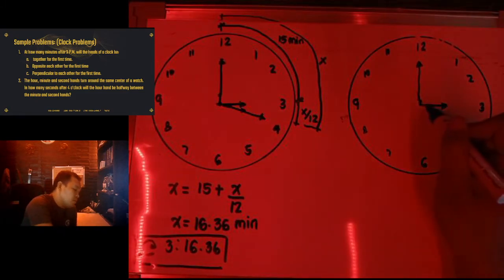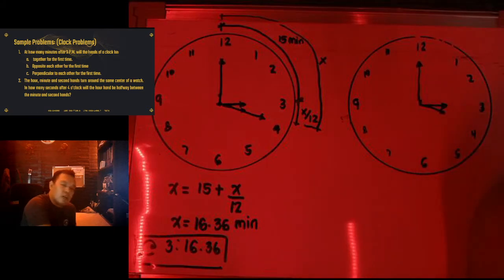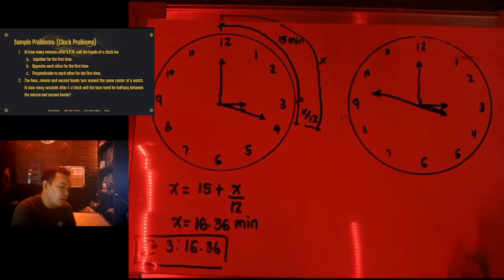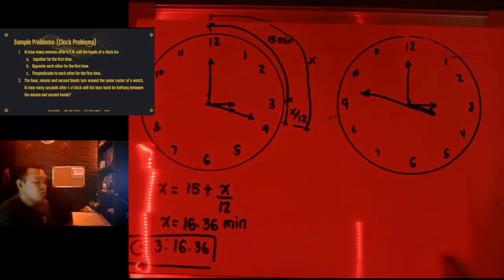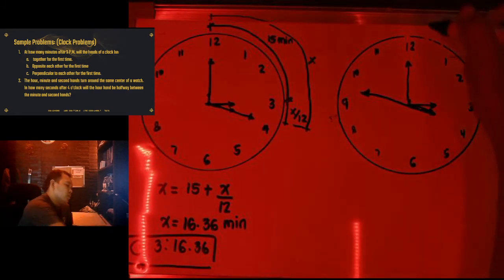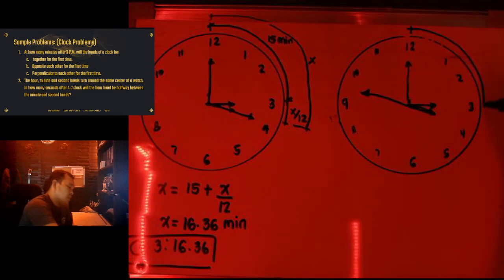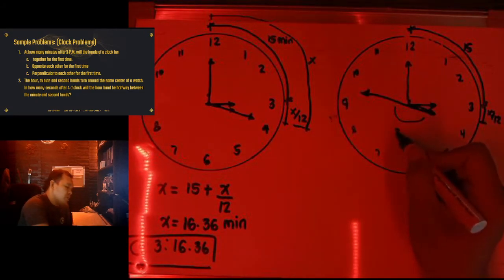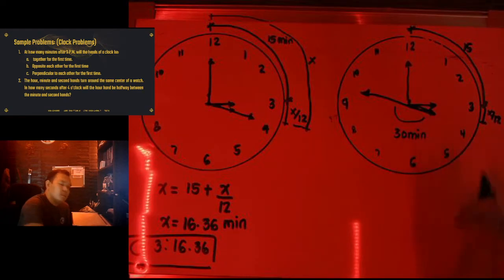This means from this point, moved by the hour hand, until the minute hand is opposite. This is the hour hand, here is the minute hand. Now, what I'm asking you to find is how many minutes that is. We all know that this distance again is 15 minutes, right? And this distance traveled is x over 12. And this distance is 30 minutes, right? 30 minutes when opposite.